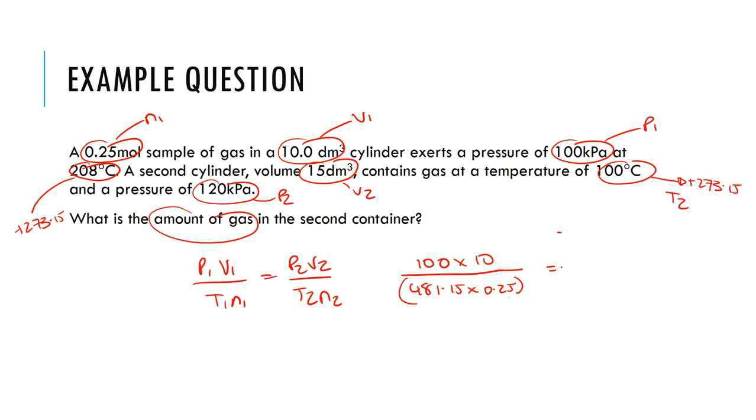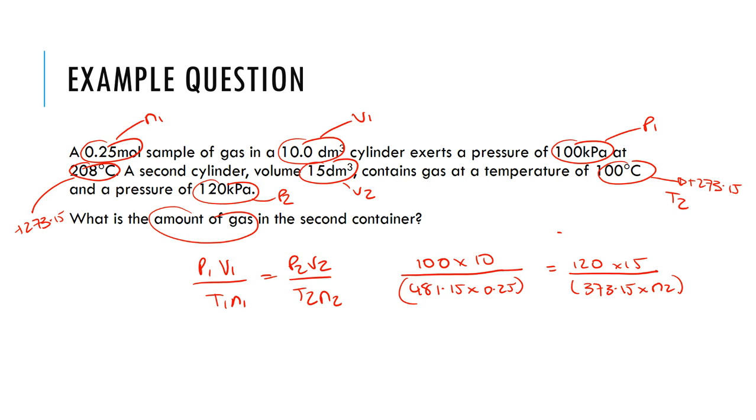And then this is going to be equal to P2, which is 120 kilopascals, multiplied by V2, which was 15 decimeters cubed, all over 373.15 multiplied by n2.